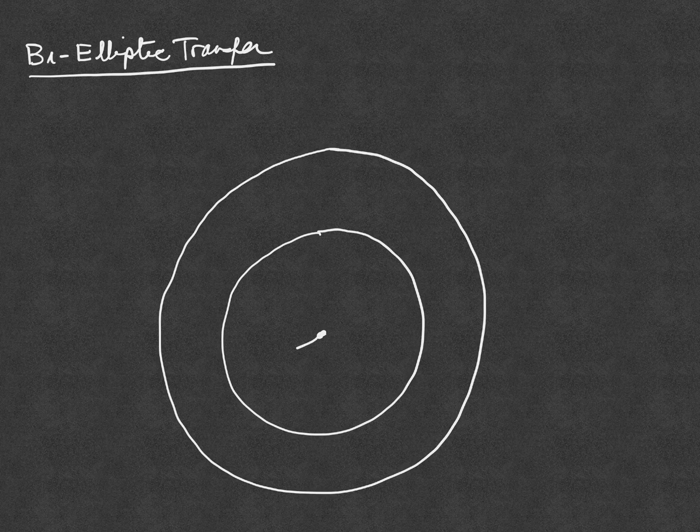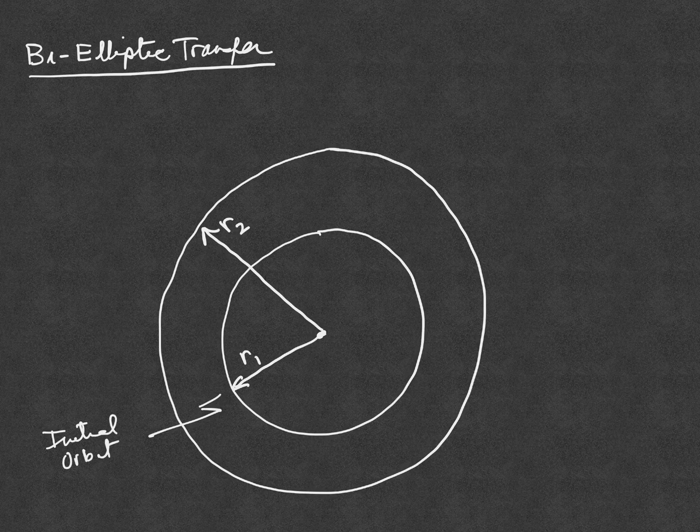So here's the first orbit, and here's the second orbit. And again, it follows a similar initial setup to the Hohmann transfer, where this is the initial orbit, and this right here, the bigger orbit, is the terminal orbit.